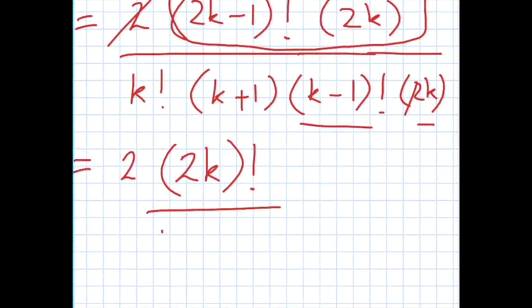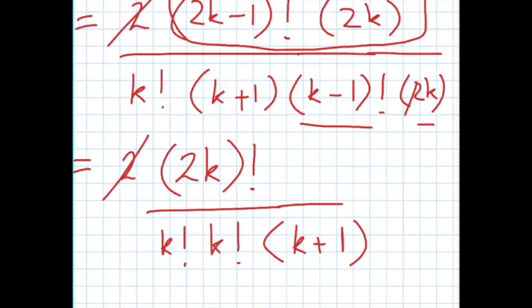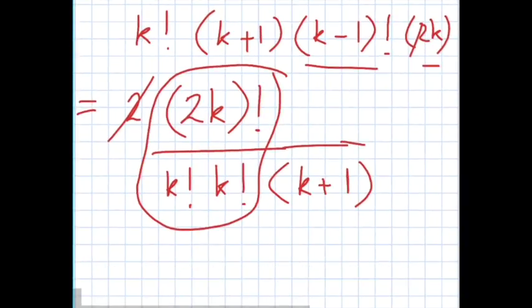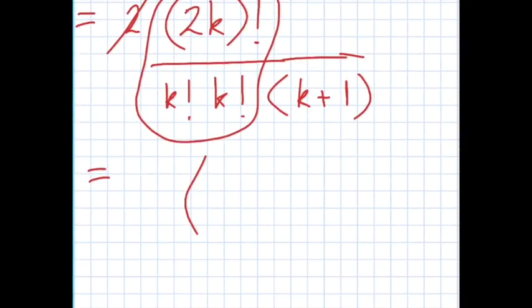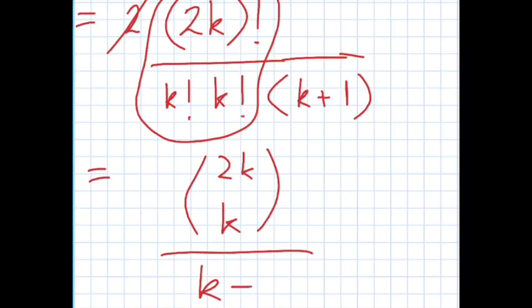So I can say k factorial, and this is k plus 1. This 2 goes, so this 2 is not there anymore. What is this thing? This is 2k choose k, and then we have in the denominator k plus 1. So this is what we want.